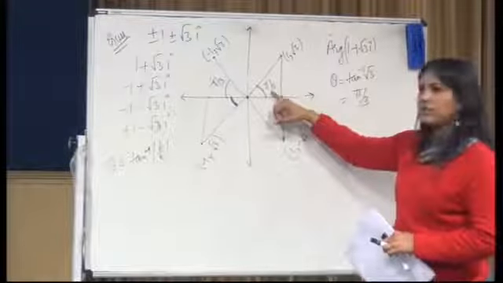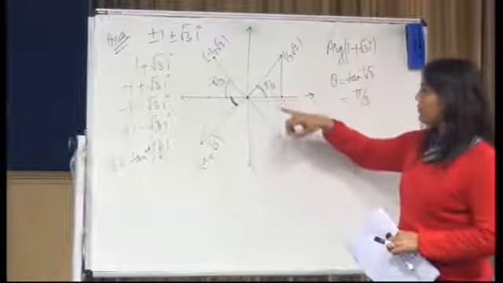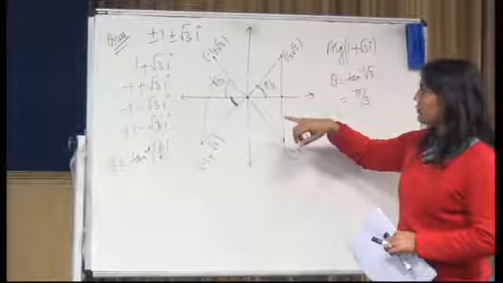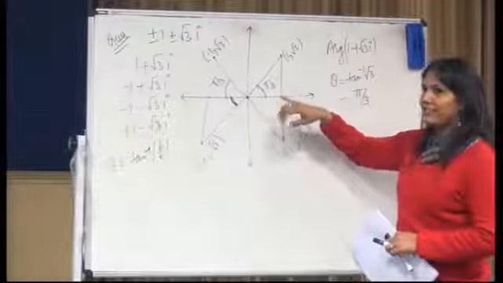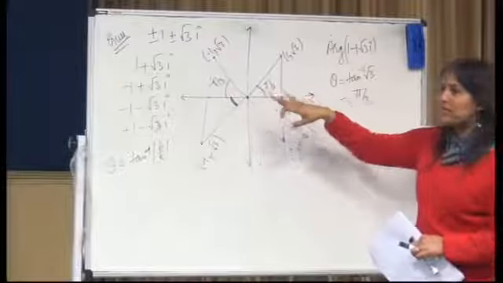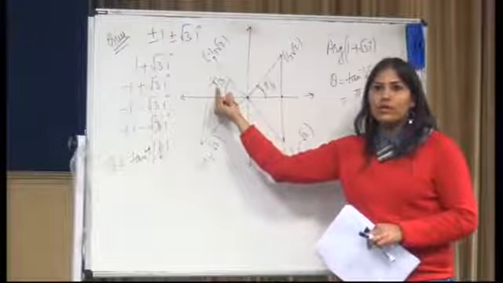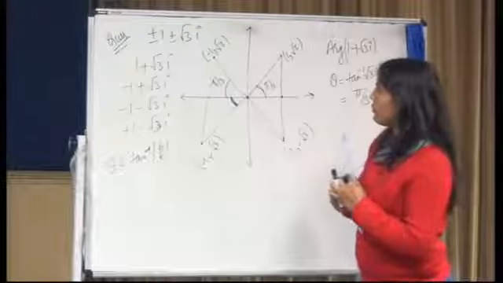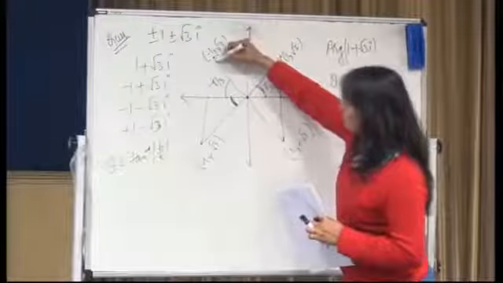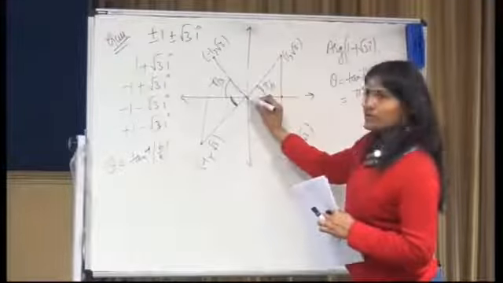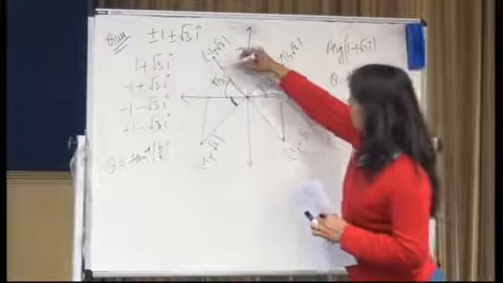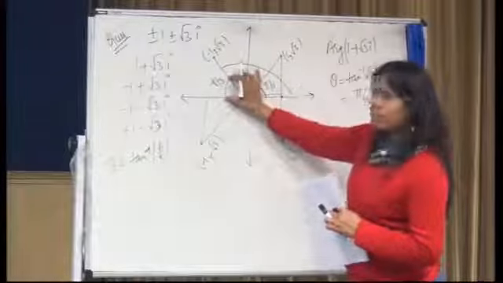Yes. I am taking it. It's not the argument. I am coming to the answer. This angle we are getting, but this is not with x-axis. So our radius vector is this one, and this is x-axis. So which angle I want? This one. So this is pi by 3.